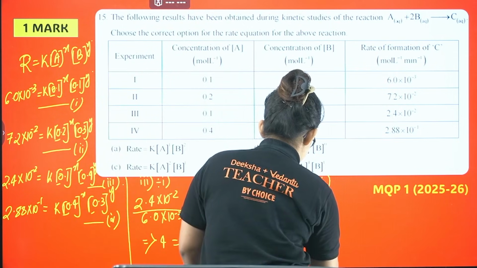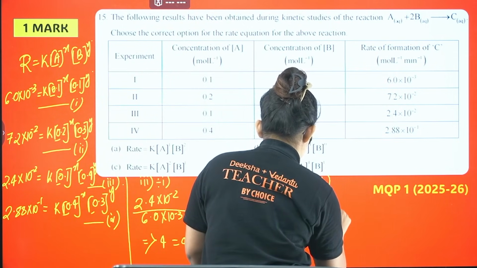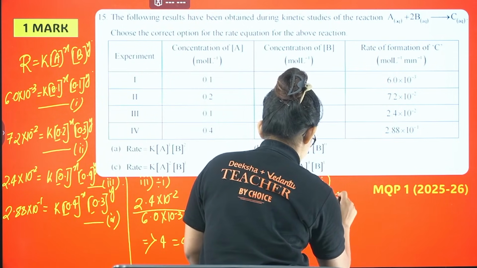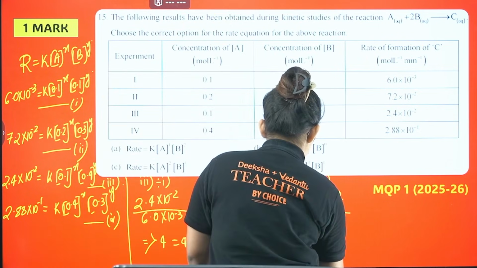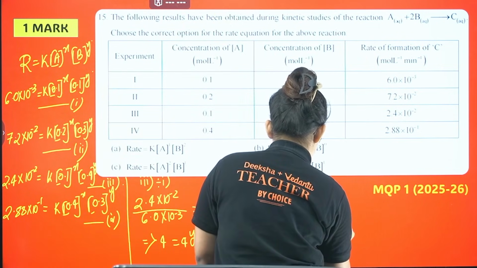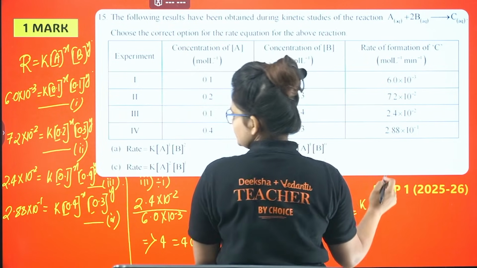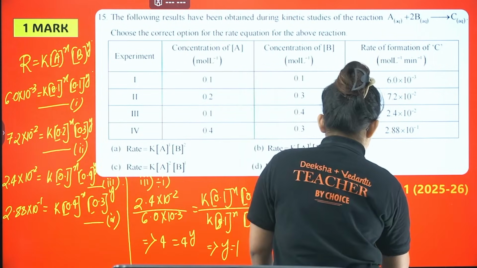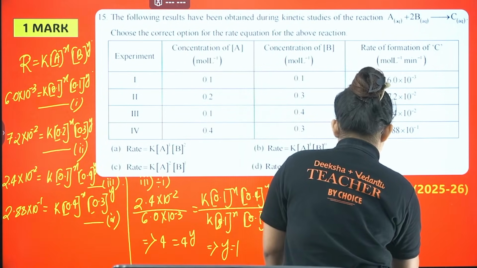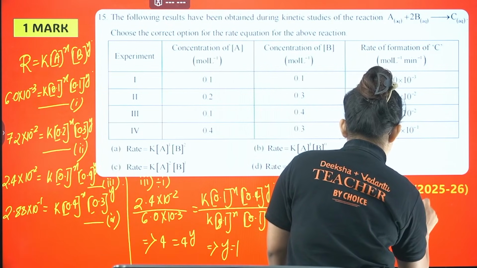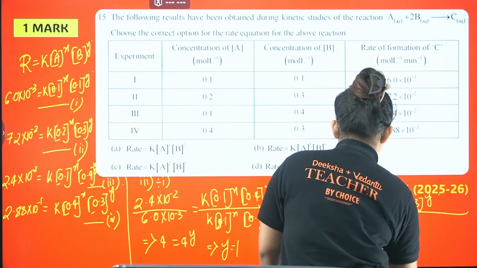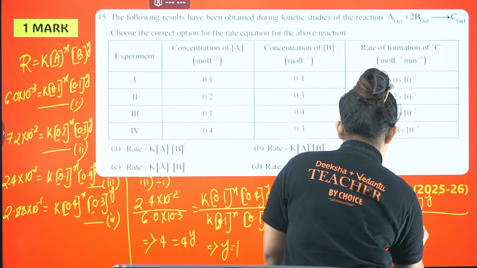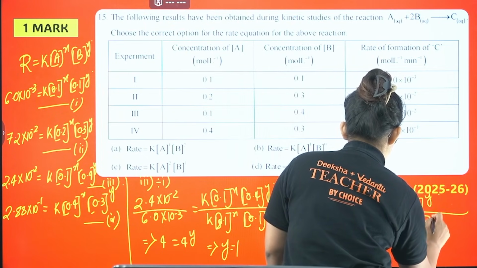So from there I will get 2.88 into 10 power minus 1, sorry, divided by 7.2 into 10 power minus 2 equals k into 0.4 power x into 0.3 power y divided by k into 0.2 power x into 0.3 power y.